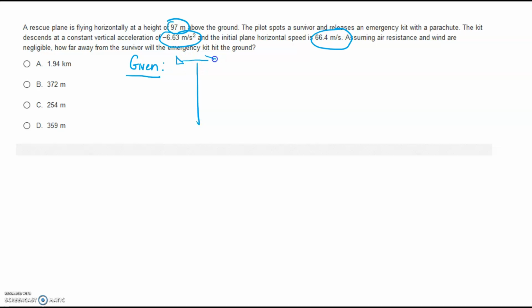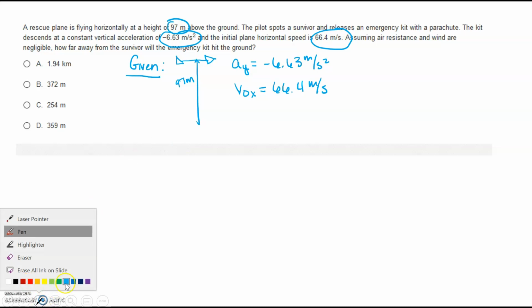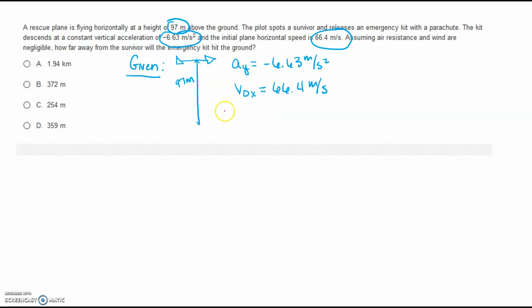This is 97 meters. And I know that my acceleration in the y direction is negative 6.63 meters per second squared, and my velocity in the x direction is 66.4 meters per second.